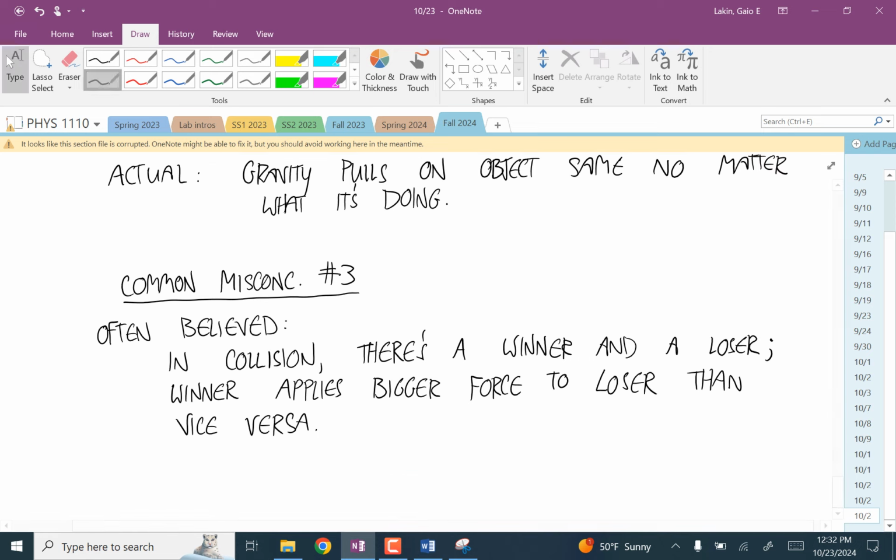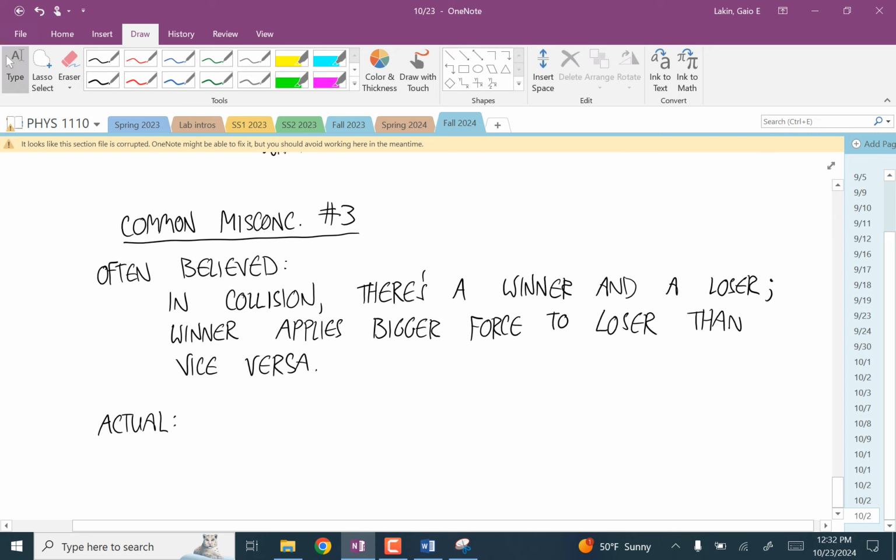Okay, so the actual way it works is at any instant, the two objects are in contact.